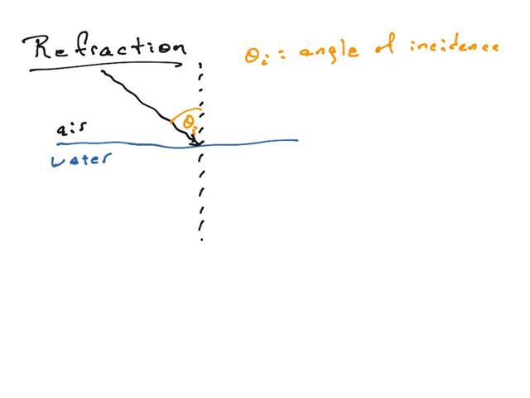If we measure that angle, it's some number, let's say it's coming in at 30 degrees, whatever it is. Well then, when it hits the water, we find, strangely, that the angle changes. There's some new angle called theta R. That's called the angle of refraction.